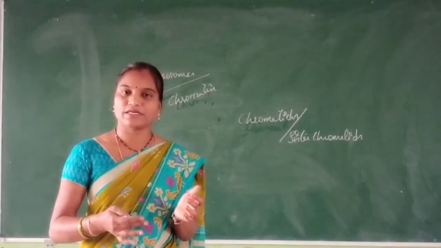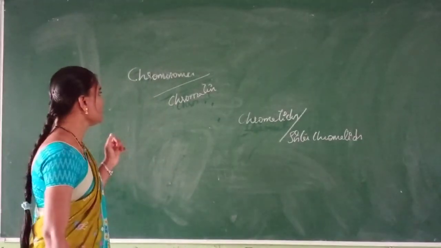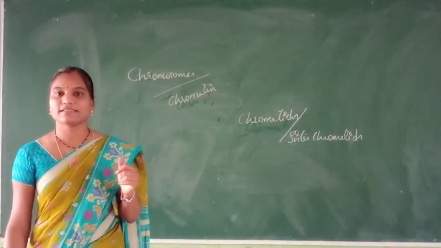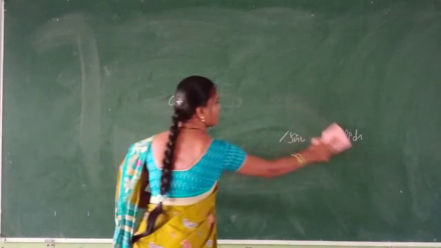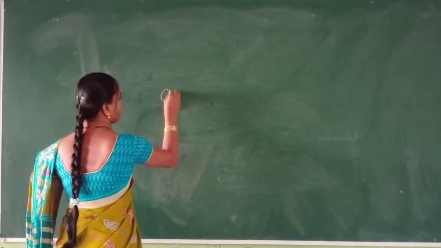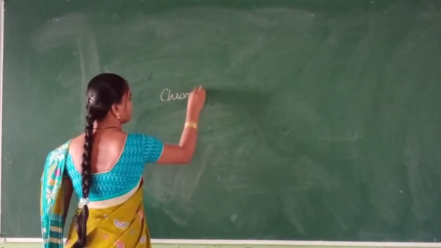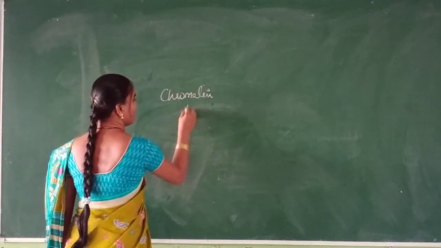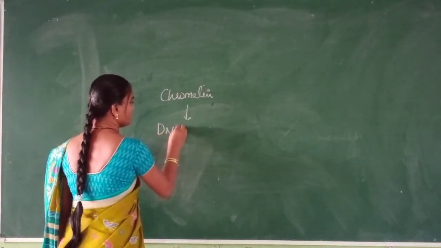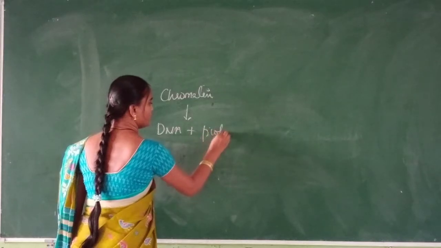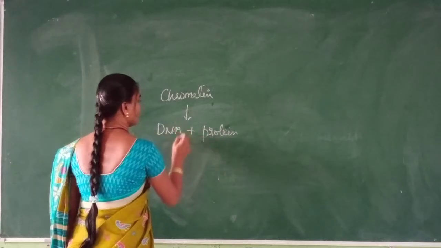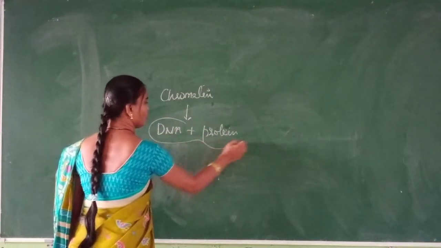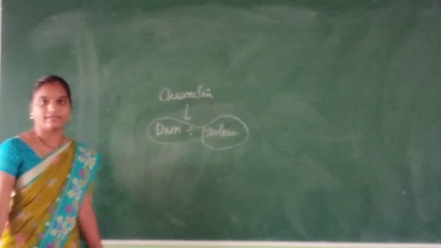So coming to this session, what do you mean by chromatin? Chromatin is a combination of both DNA and protein molecules. It is made up of DNA and proteins. So what is the combination between protein and DNA?